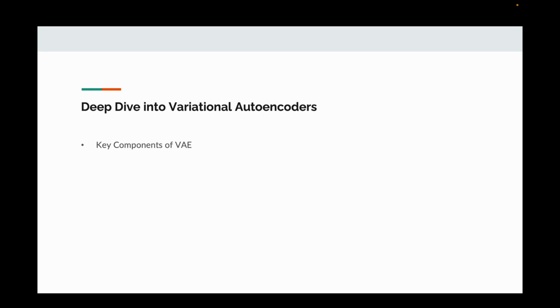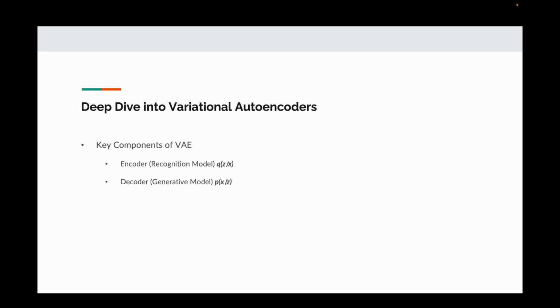Next, let's look at some key components of VAE. We have the encoder, which is the recognition model represented by Q(z|x), which maps the input data X into a latent variable distribution Z, usually Gaussian. This model is parameterized by a neural network and produces the mean, mu, and variance, sigma squared, of the latent distribution.